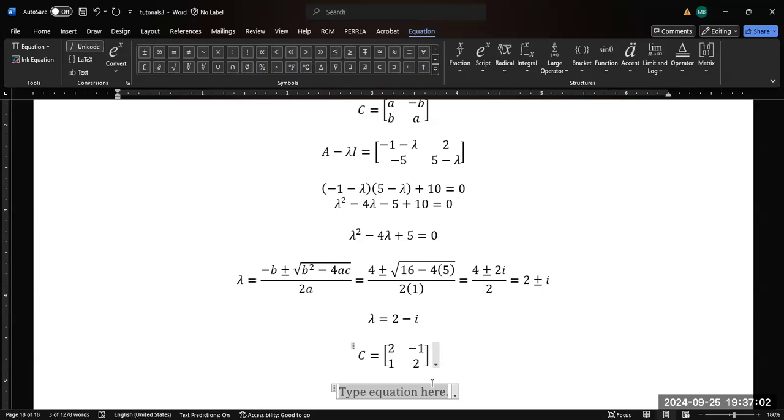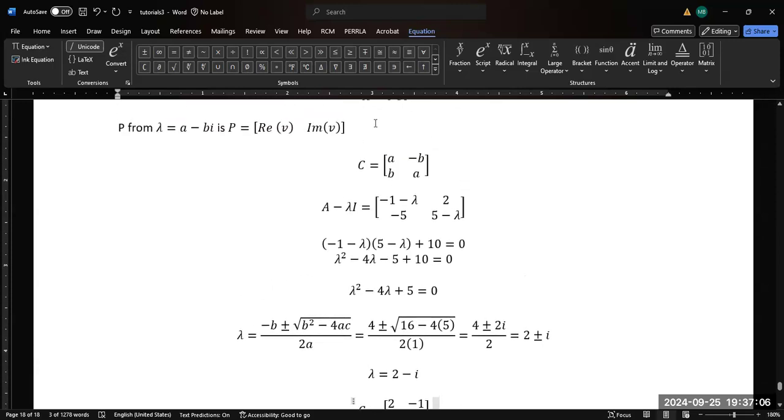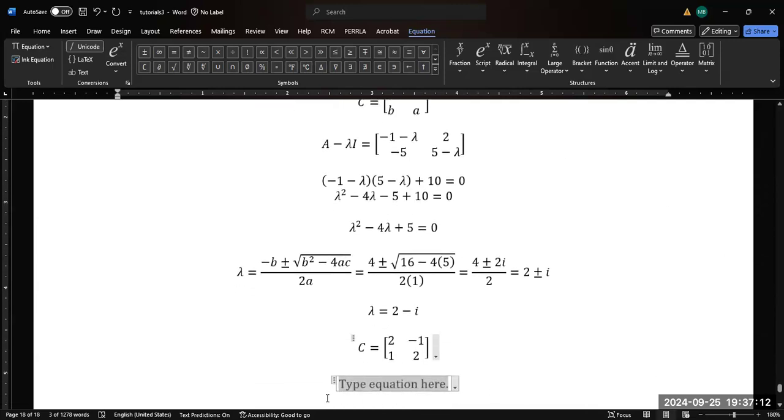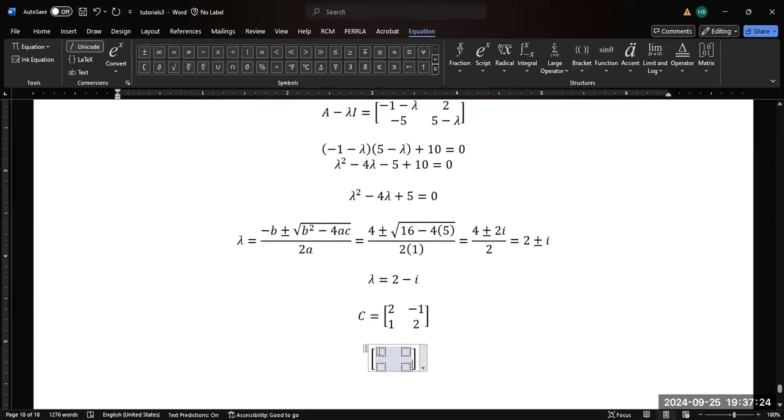And then we need to find our transformation matrix, our similarity transformation matrix. And so that is derived from the eigenvector that corresponds to this lambda. Now, we could find both of them because they're complex conjugates of each other. And so if we find one, we will know the other, but we're just going to directly go ahead and find the one that we're looking for.